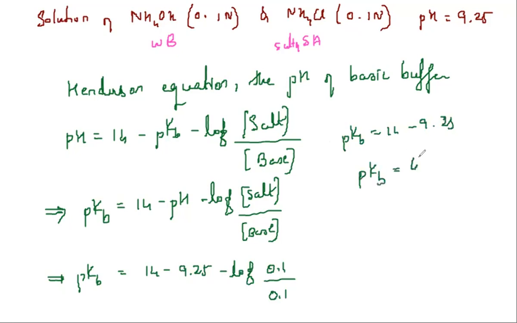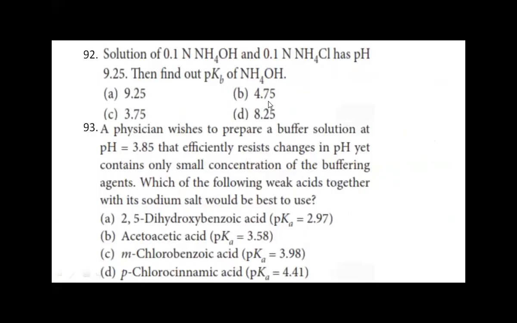We will get 4.75. Correct? So the pKb of NH4OH is 4.75. So what is the correct option? 4.75. Yes, option B is the correct option.